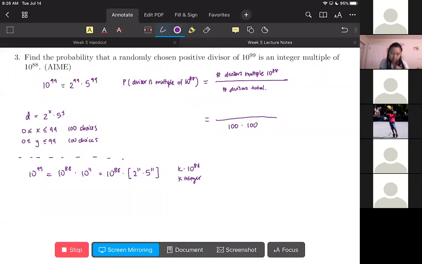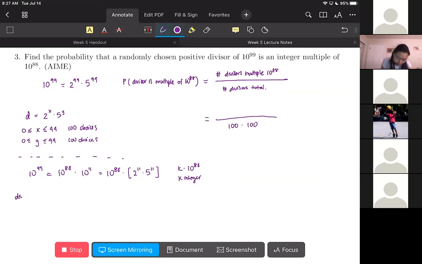And it's a multiple of 10 to the 88 if we can write it as 2 to the something times 5 to something, where that something is at least 88 for both. So let me write that down.